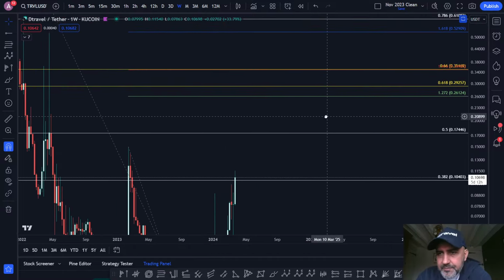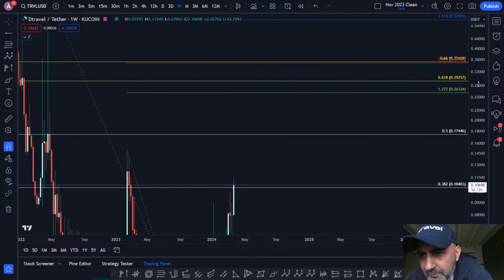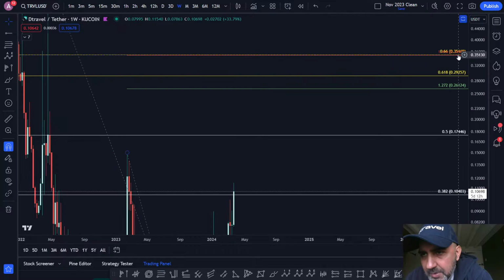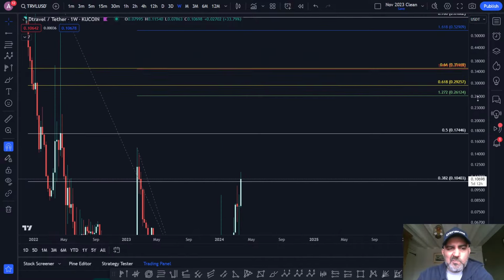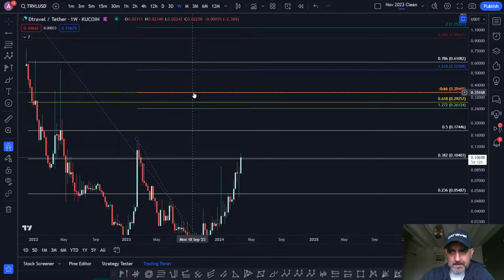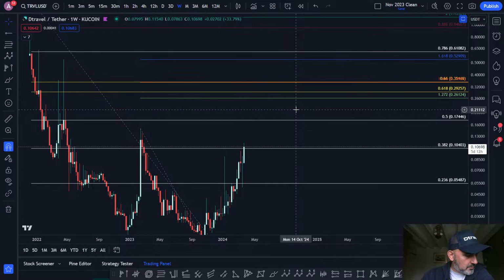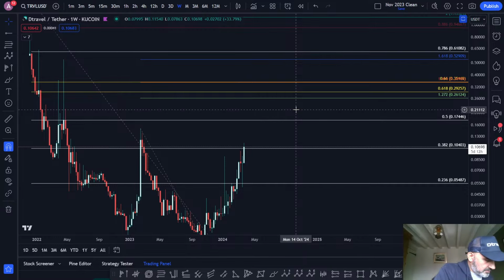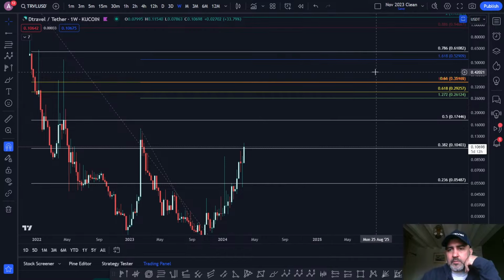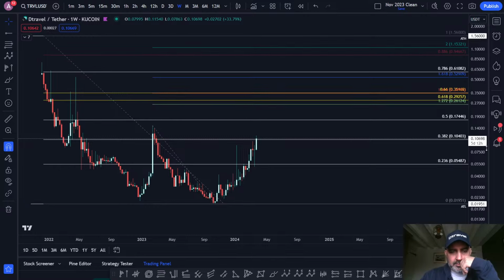I can see here the 1.414 and the top of the golden pocket pretty much line up. That's quite interesting, huh?